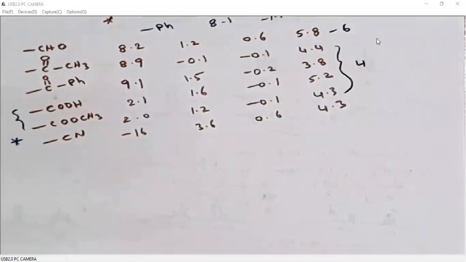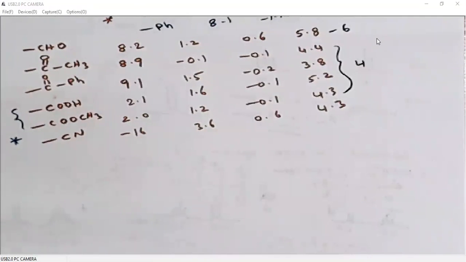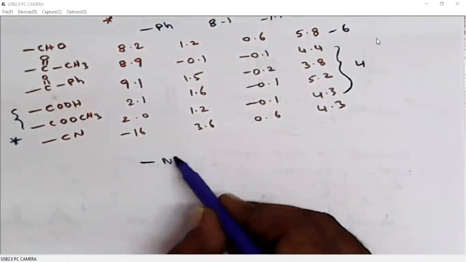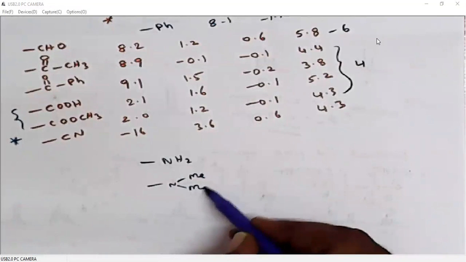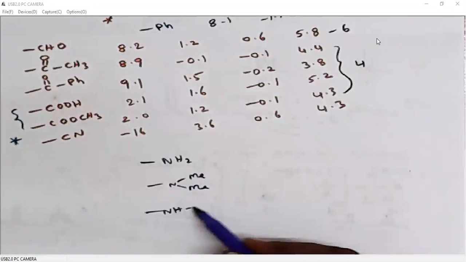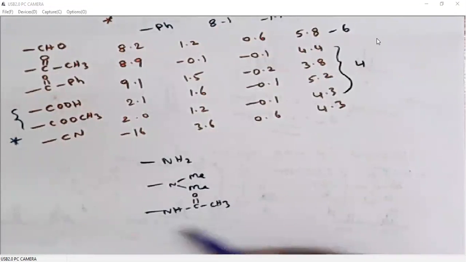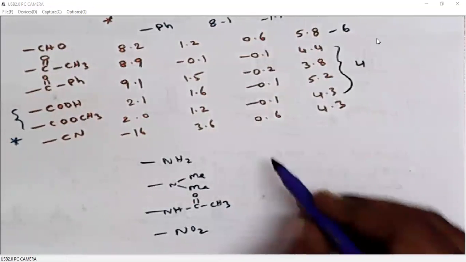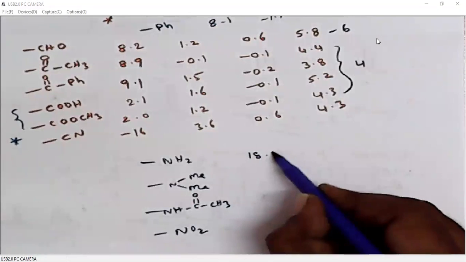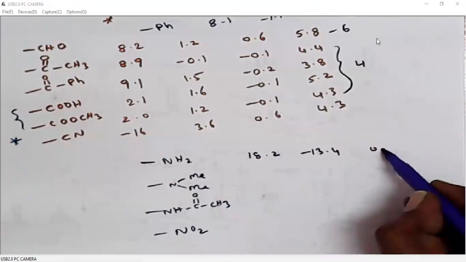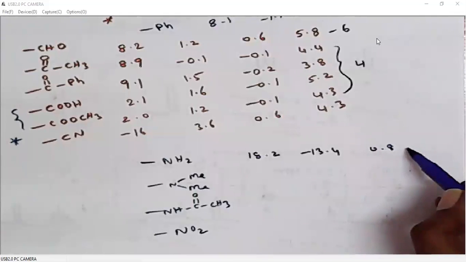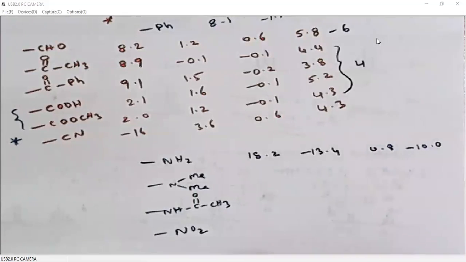Now we will look at the nitrogen substituents: amine, N,N-dimethylamine, an amide if nitrogen is part of an amide, and nitro group. For amine, the values are 18.2 for alpha, minus 13.4 for ortho, 0.8 for meta, and minus 10.0 for para.